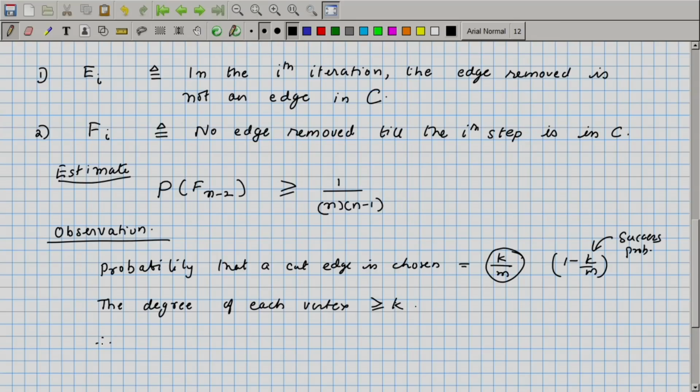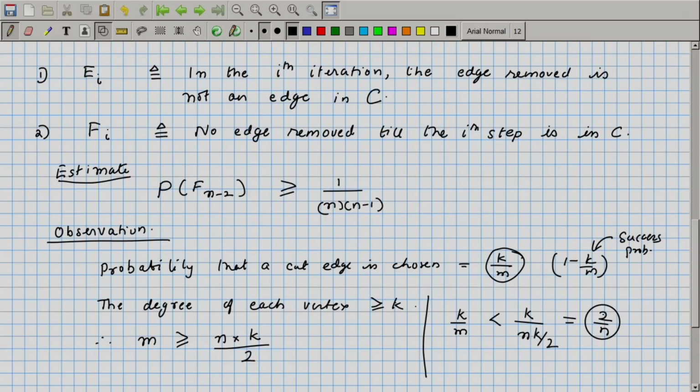Therefore, we can argue that the number of edges should be greater than the total number of vertices into the minimum degree of each vertex divided by 2, because each edge is counted for two vertices. So, m is greater than nk by 2. Therefore, we can conclude that k by m is going to be less than k divided by nk by 2, which is equal to 2 by n.